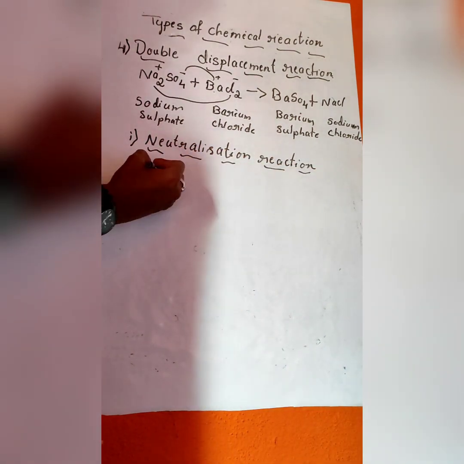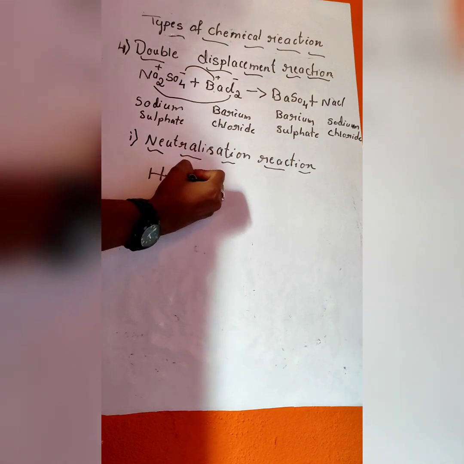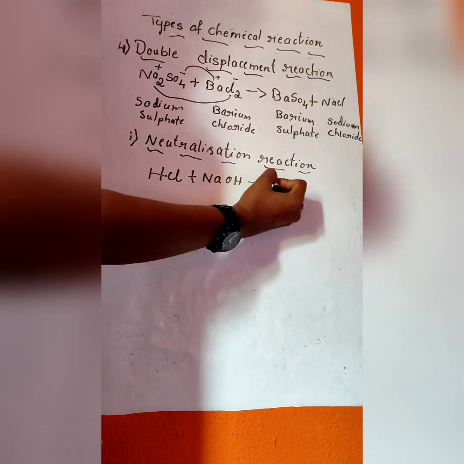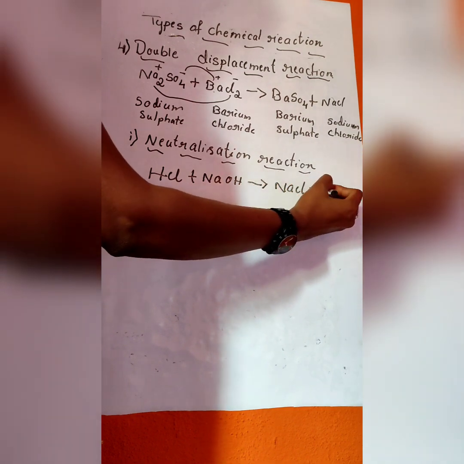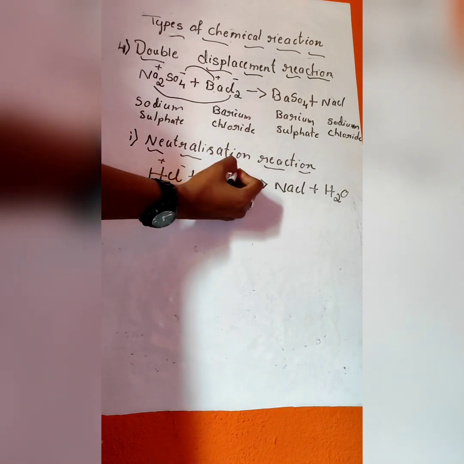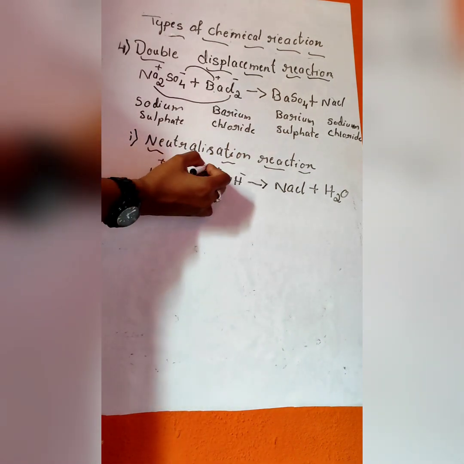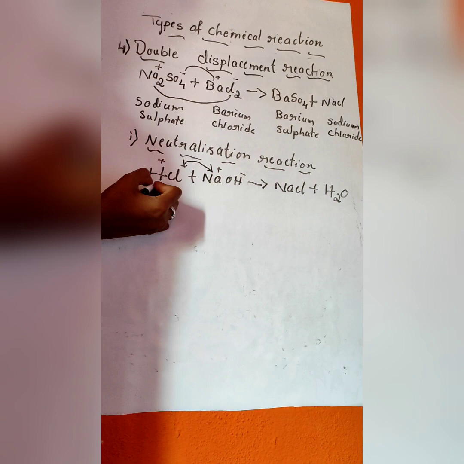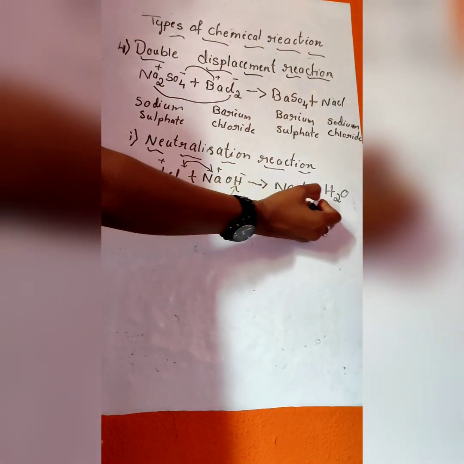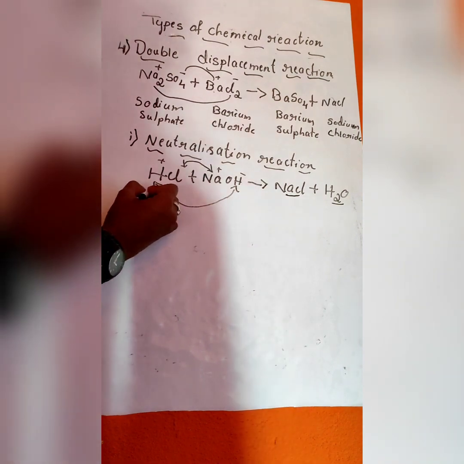HCl. Neutralization reaction means when an acid reacts with a base forming salt and water. HCl, hydrochloric acid, reacting with sodium hydroxide forming sodium chloride plus water. Hydrogen is positive, chlorine is negative, sodium is positive, hydroxide is negative. One positive combines with negative forming sodium chloride plus water.